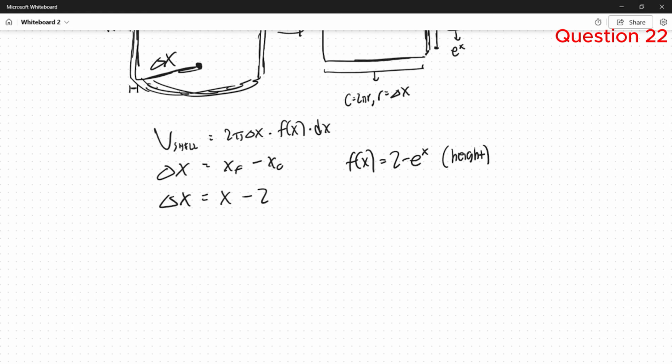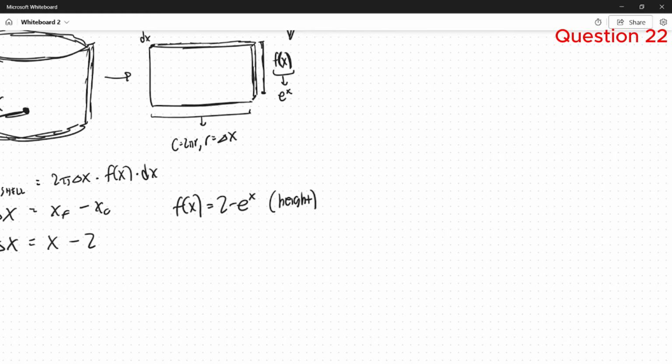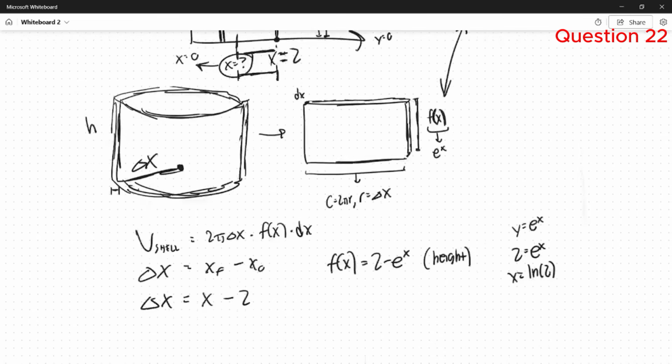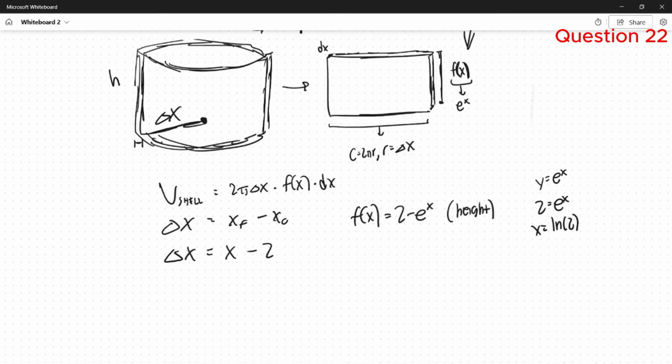We just need to figure out what x input results in e to the x equal to 2. That would be y equals e to the x on the right side. 2 is equal to e to the x. Take the natural log of both sides. x is equal to ln of 2. So we would start with ln of 2 on our lower, and we would go to 0 for our upper.